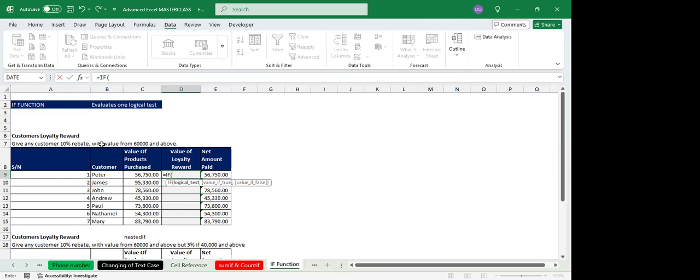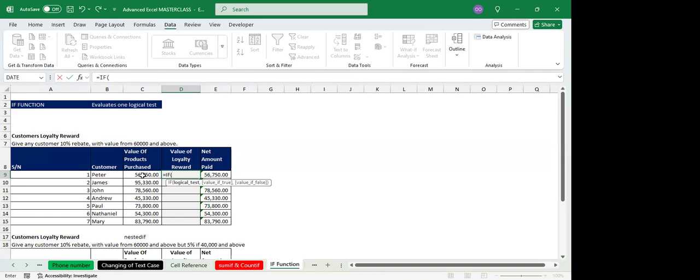That is, you want to see if the value they will purchase is up to 60,000. That's the logical test. The scenario I'm painting will always be the logical test. In this case, the scenario I'm painting is: do they buy up to 60,000? That is my test, right?